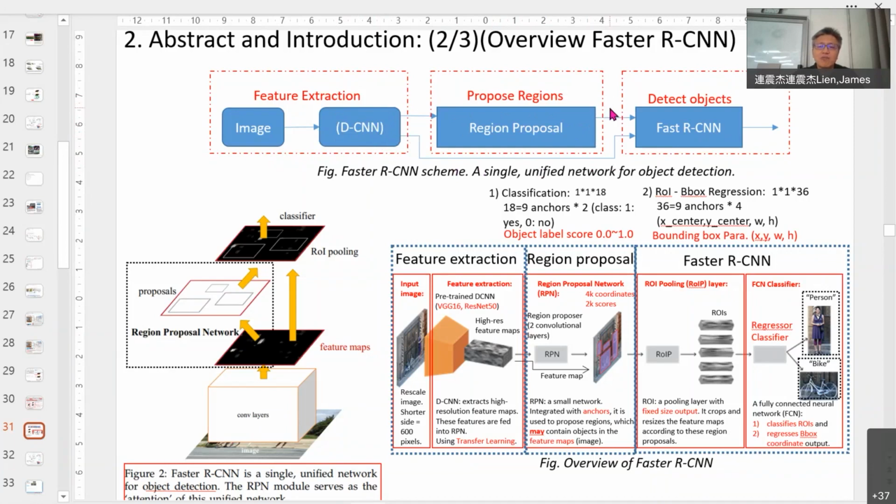Based on the bounding box, we select the region of interest and do the classification and the refinement. So here is FAST RCNN. In FASTER RCNN, we have a region proposal, but after that it is FAST. Note that this is FASTER RCNN.